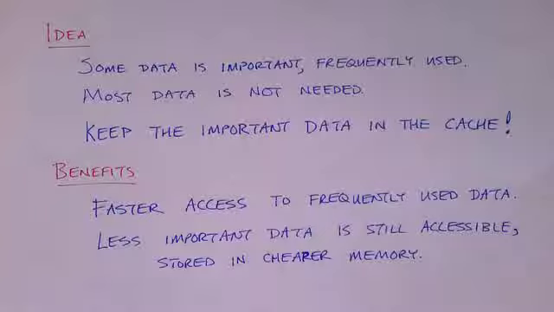So the idea is that we keep the important data in the cache, and that way we can give it to the CPU much faster. There is faster access to the data that's more frequently used if we're able to keep that data in the cache. The less important data is still accessible, but it's stored in a much larger, much slower, and much cheaper memory.